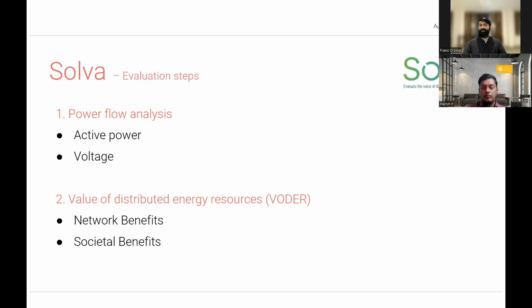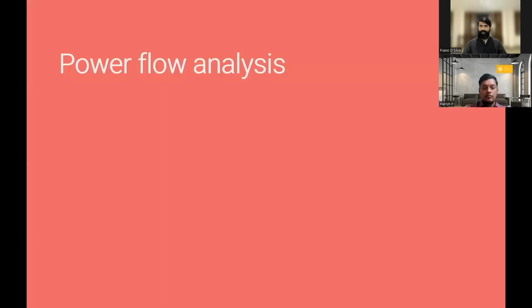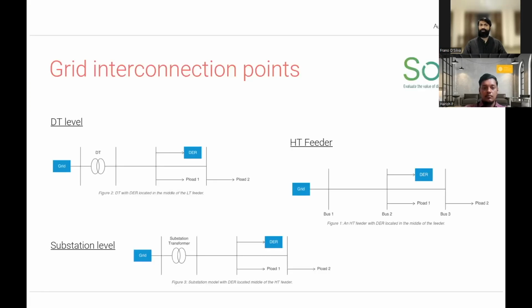So to understand what we do in the power flow analysis, I show you this diagram. As mentioned earlier, Solva can take a DT level as well as a feeder level and substation level analysis. In this line diagram, on the left-hand side under DT, the grid is connected to the DT, that is the distribution transformer, and we have three interconnection points.